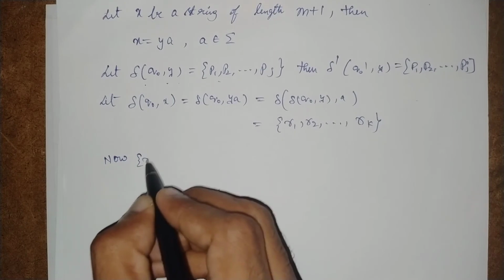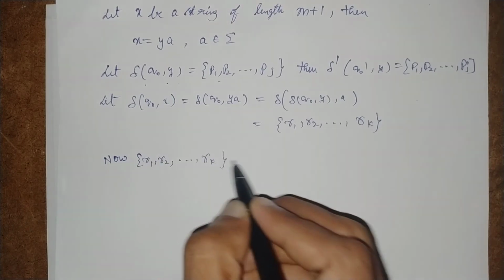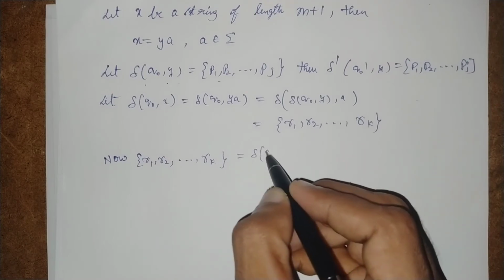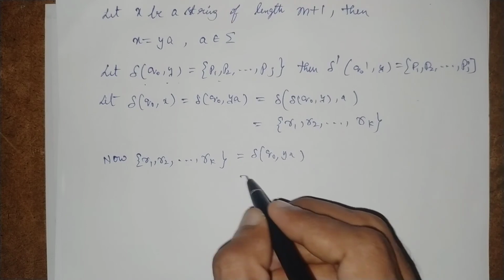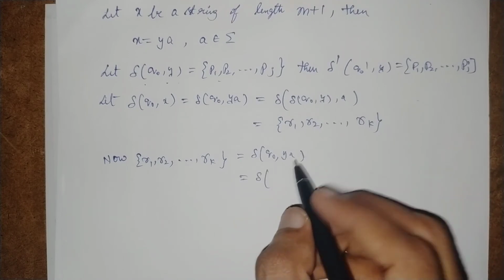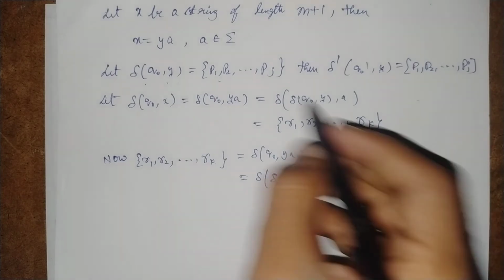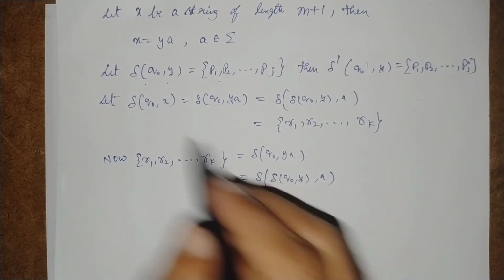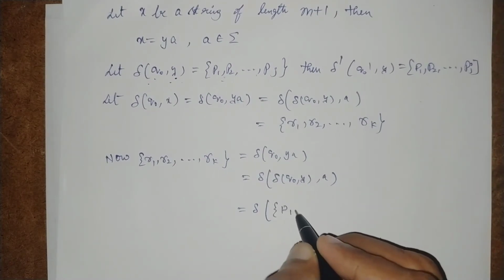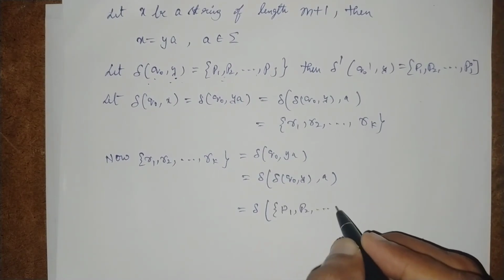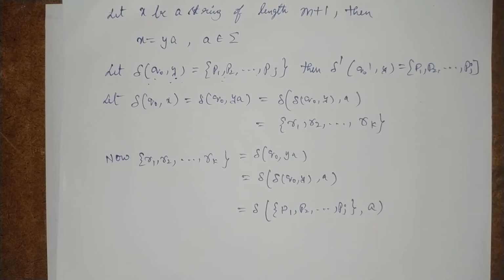Similarly, delta of Q0 comma w means the set E1, E2, and so on, Ej.